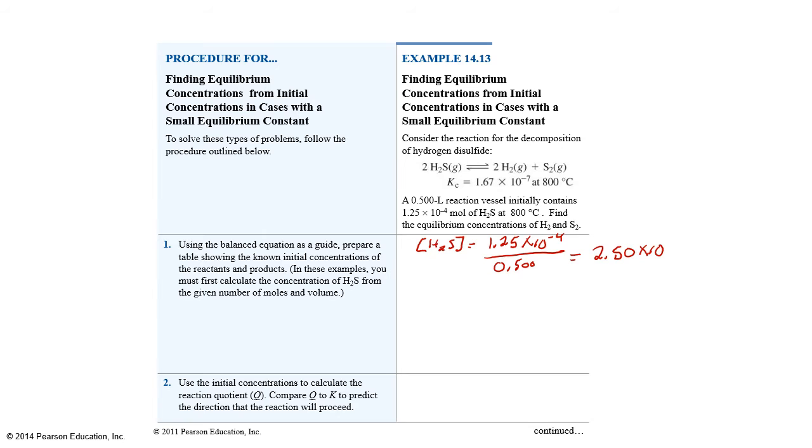So 2.50 times 10 to the -4th molar is the concentration of our reactants, the dihydrogen monosulfide. So now if we look at our balanced chemical reaction, we can build our ICE table using the concentrations.